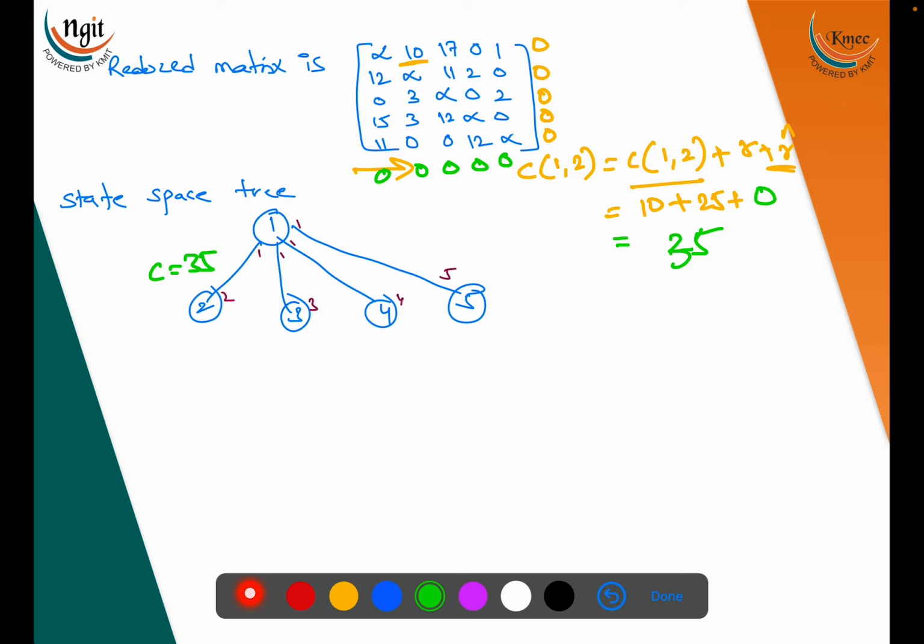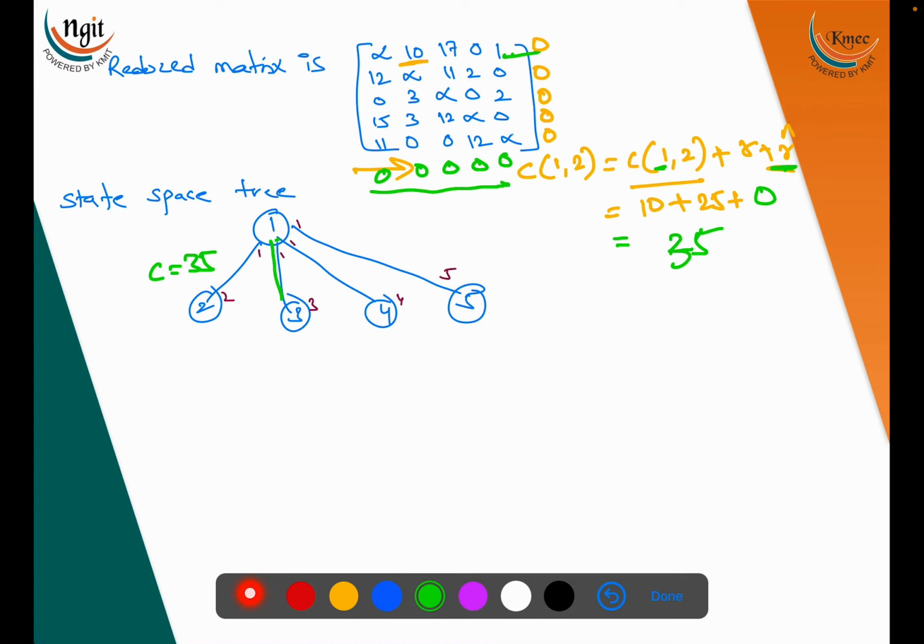Now again calculate the 1 comma 3 cost. Now what is 1 comma 3? As far as R cap is considered, we are going to make the first row infinite and the third column infinite. After you make the first row and third column infinite, find the minimum value from each row and each column. Whichever node has the minimum, you write it over here.